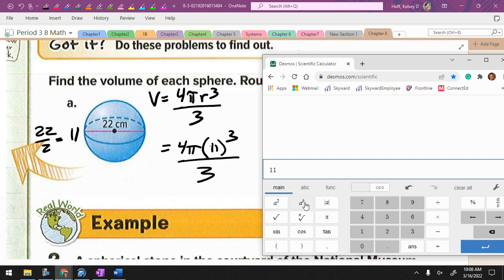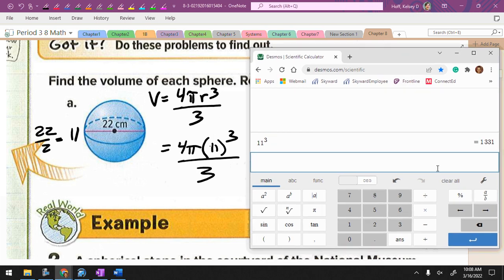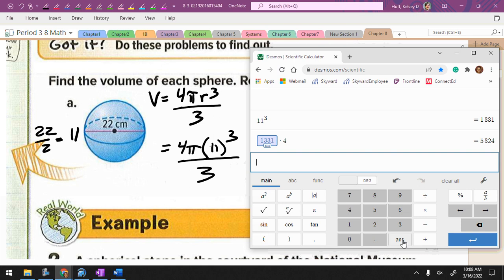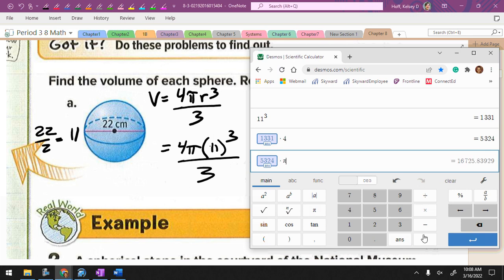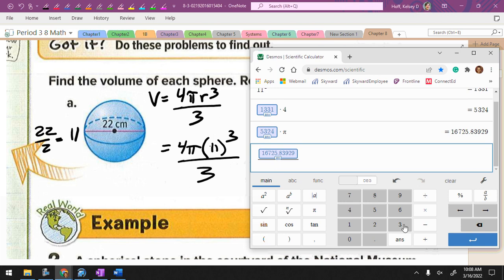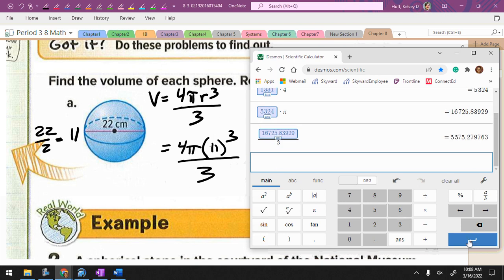So click that, and what exponent do we want? 3. Enter. Then what should I type? Answer times 4. Enter. Answer times pi. Enter. Nicely done. Answer divided by 3. Rounded to the nearest tenth.